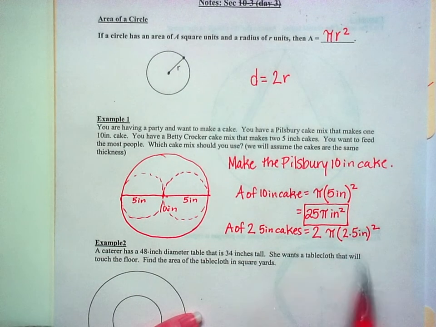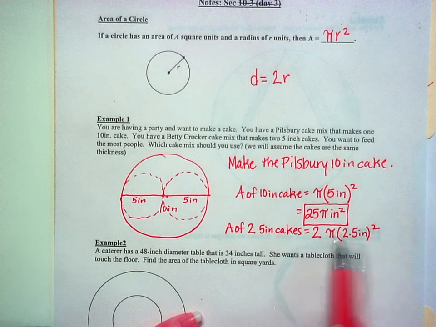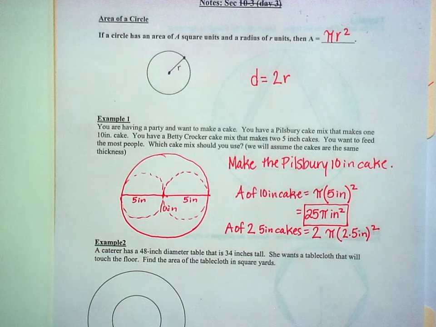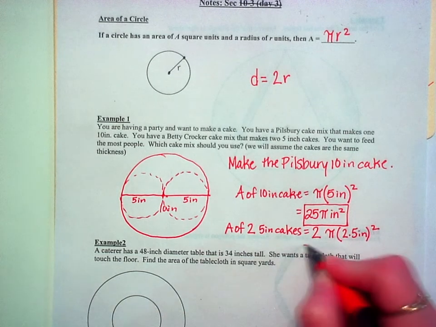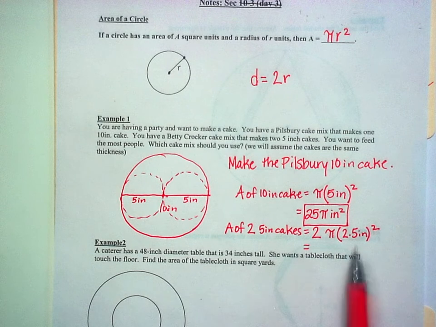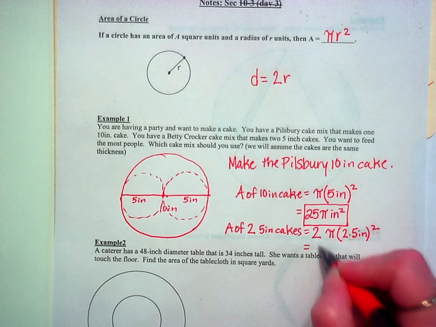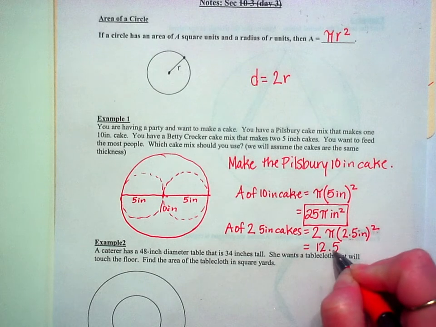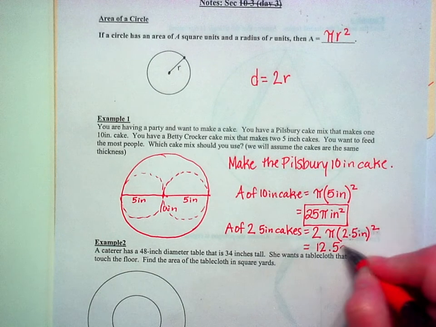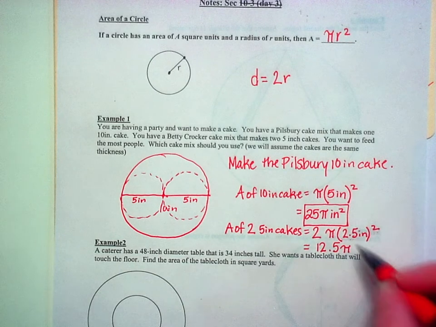Okay? So this is the radius, this is the area of a 5-inch cake. We're multiplying it by 2 because we have two 5-inch cakes. Okay? So 2.5 squared is 6.25. And if I multiply that by 2, I get 12.5. And then we have pi next to it. And then our units would be inches squared.